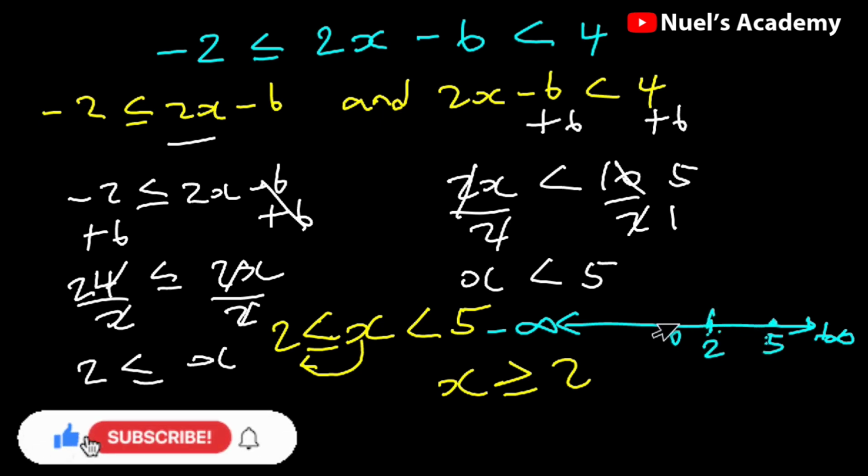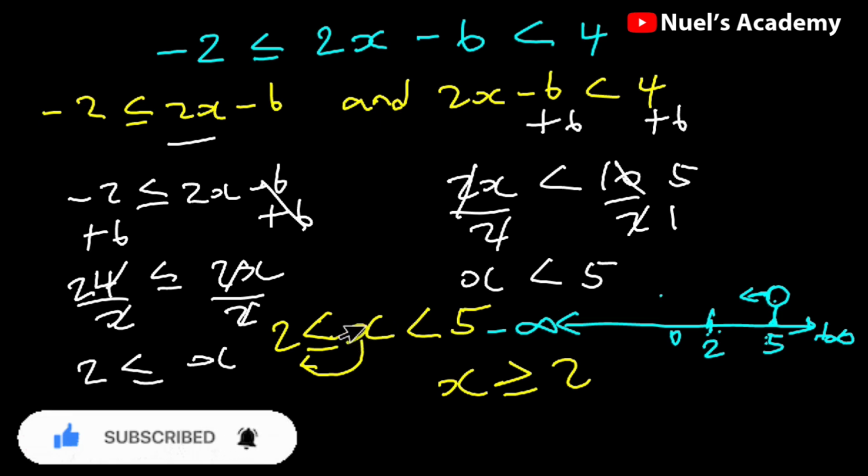So we have that x is less than 5. Because of this strict inequality, let's represent this with an open circle or open dot. Since x is less than 5, the arrow is going to point towards the negative part of the number line, towards the left hand side.